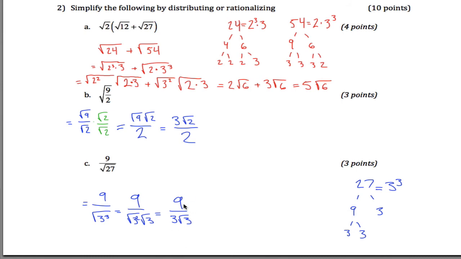And when you look at it like this, it's a little bit easier to see. We're going to multiply the numerator and the denominator by the square root of 3, not the square root of 27. Although you could do the square root of 27, you'll get the same answer. Numbers will just be bigger.